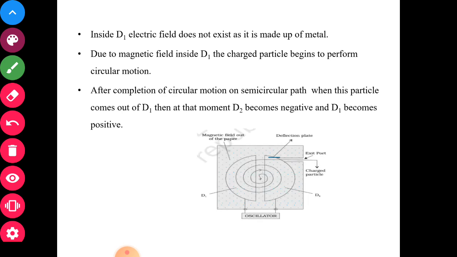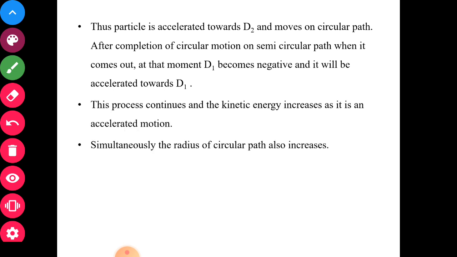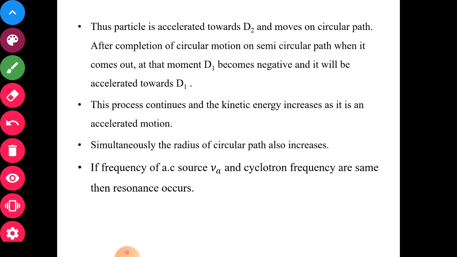Okay, so what will happen now? This is the charged particle which is already accelerated, and now you have to take it out.